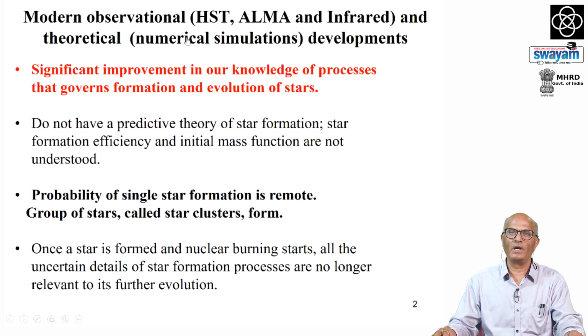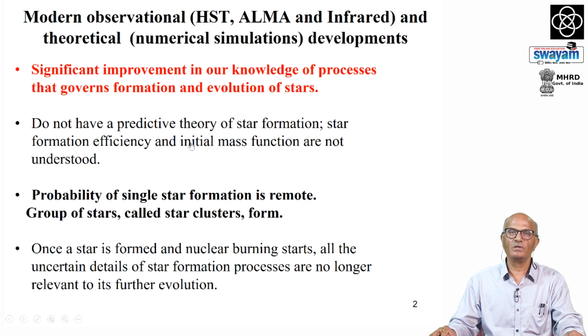Despite these developments, a few frontline research problems are still not understood. One of them is that we do not have a predictive theory of star formation: exactly what the boundary conditions are and how things form. We roughly know.